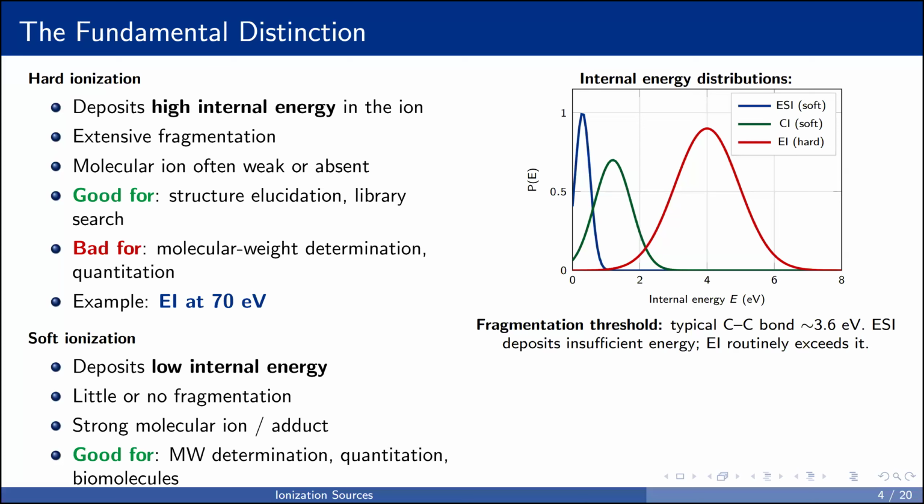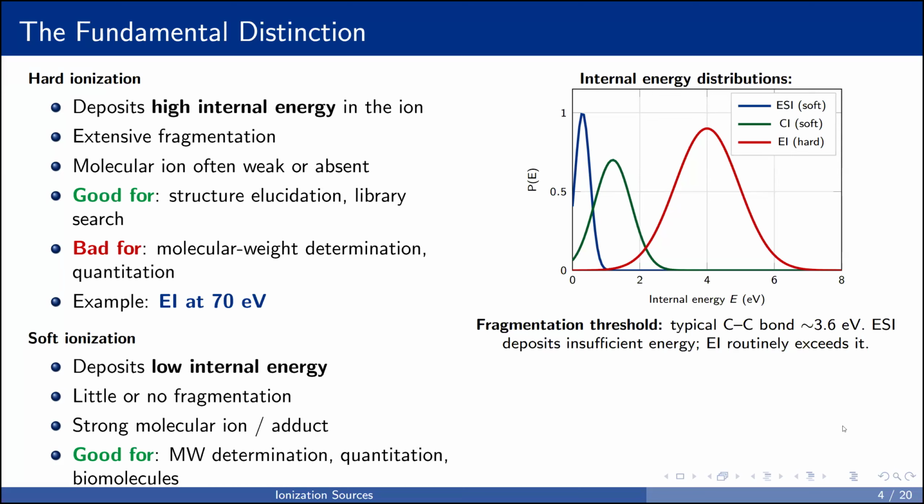The plot on the right sketches the internal energy distributions. ESI has a sharp distribution centered at about 0.3 electron volts, essentially thermal. CI is slightly hotter, maybe 1 electron volt on average. EI is a broad distribution centered around 4 electron volts with a long tail. Here's a crucial number. A typical carbon-carbon single bond has a dissociation energy of about 3.6 electron volts.